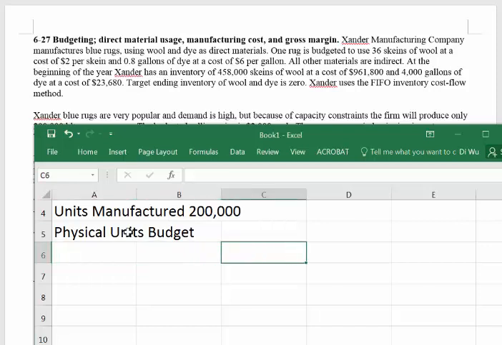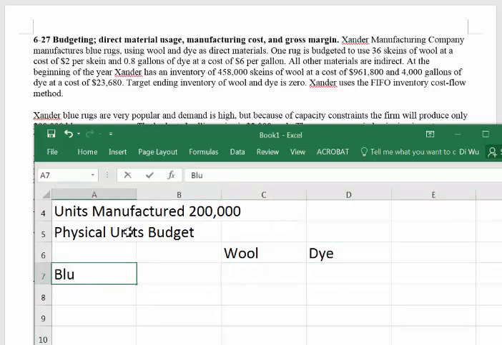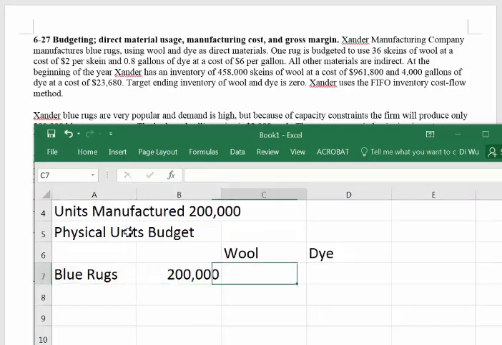The question says we have two kinds of materials. One is called wool, one is called dye. And we have 200,000 racks we need to manufacture. If you look at the manufacturing instructions, in order to make one rack, we have to use 36 skeins of wool and 0.8 gallons of dye.